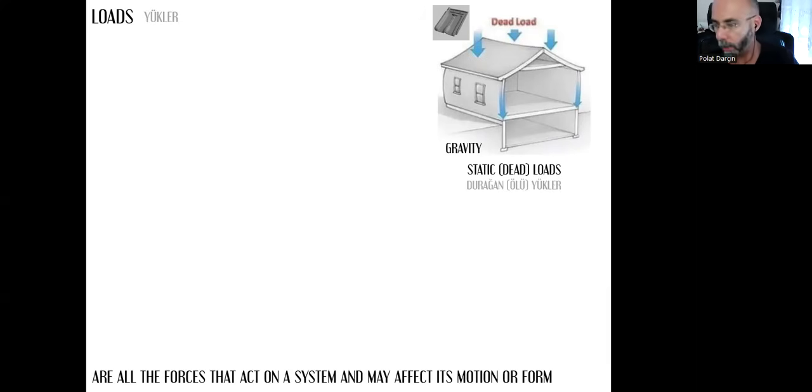Every object that we attach over the building, the roof coverings, wall coverings, this window panel, the floor itself, they all cause static loads because of gravity, because of their weights. And as you can see here, they are always directed downwards. These are downwards loads.